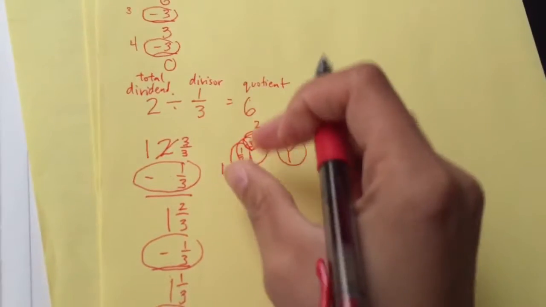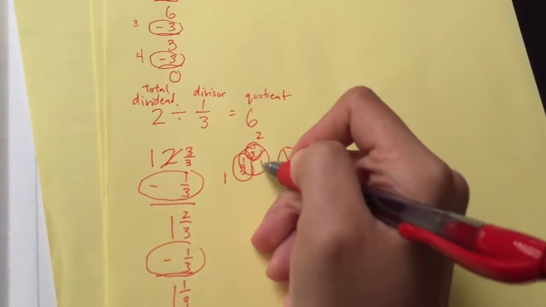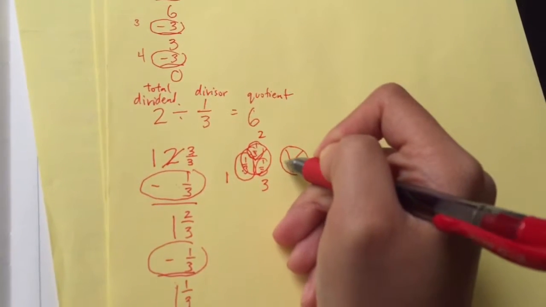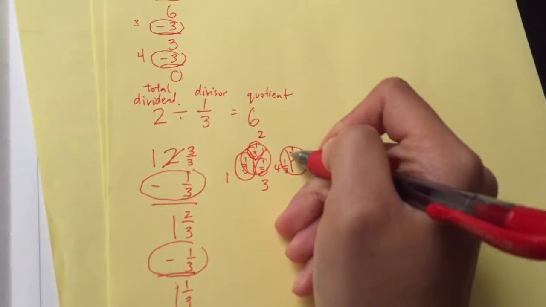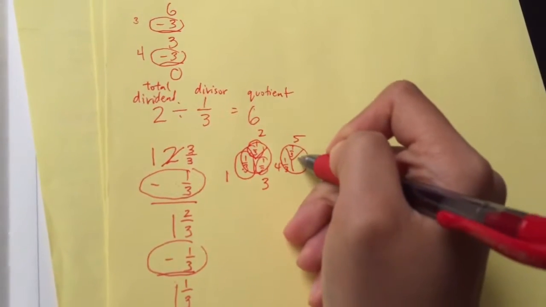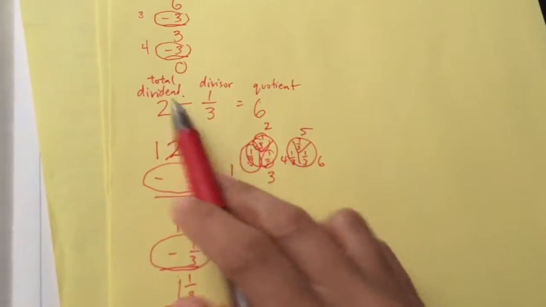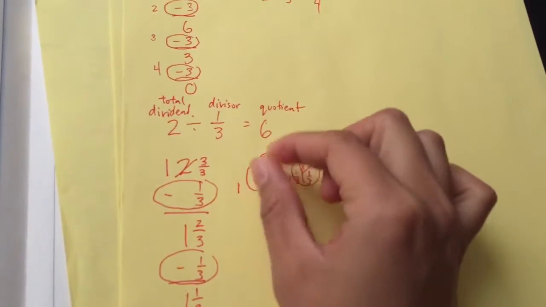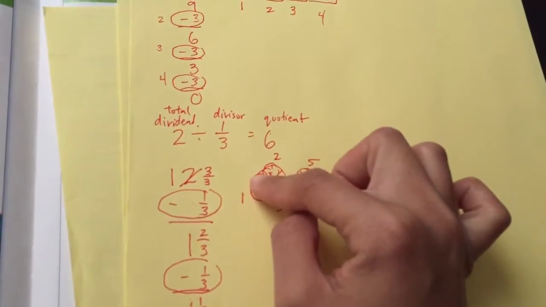You're able to take away, look, you took that away, you took that away. That's division, that's repeated subtraction. Another time. Now you're able to do it 3 times. 4 times. 5 times. 6 times. 2 wholes, and you take away 1/3, 1/3, 1/3, 1/3, 1/3, 1/3. You could do that 6 times.